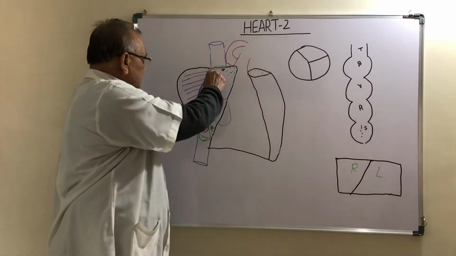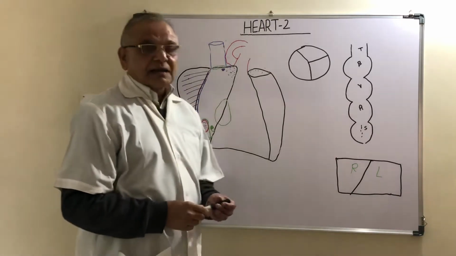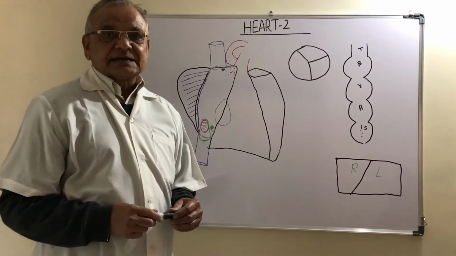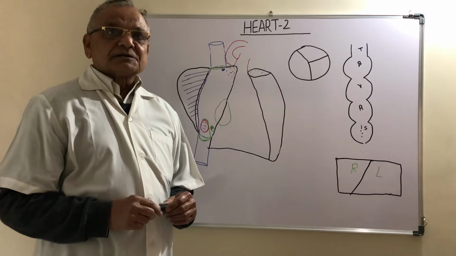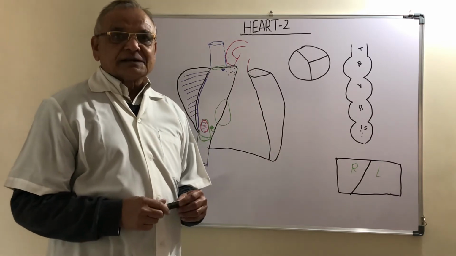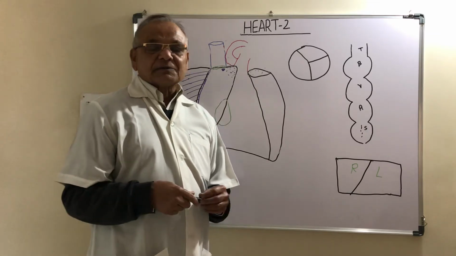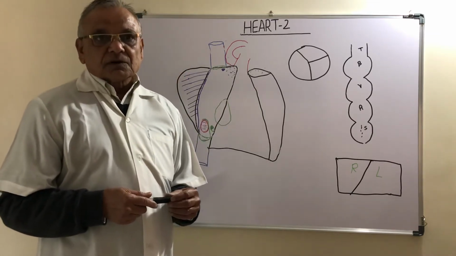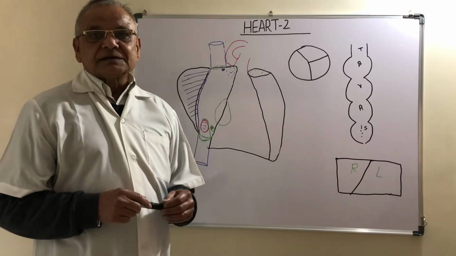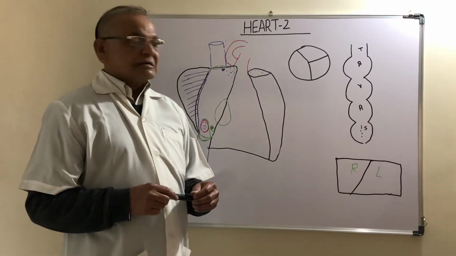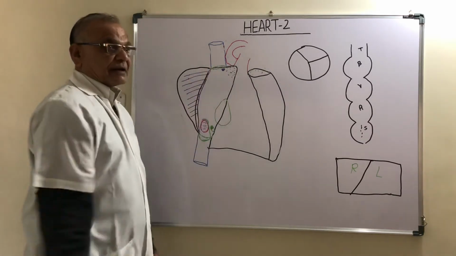In the upper part of sulcus terminalis, near the opening of superior vena cava, the SA node is present. The SA node is a part of the conductive system of the heart, and about the conductive system I will tell you later on. The full name of SA node is sinoatrial node, situated in the upper part of crista terminalis near the opening of superior vena cava.